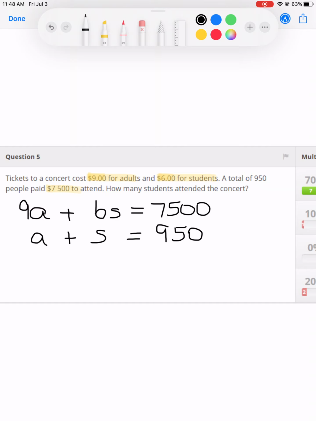So in this case, we can do elimination or substitution. What we're doing is putting our variables together: we put money with money and we put people with people.